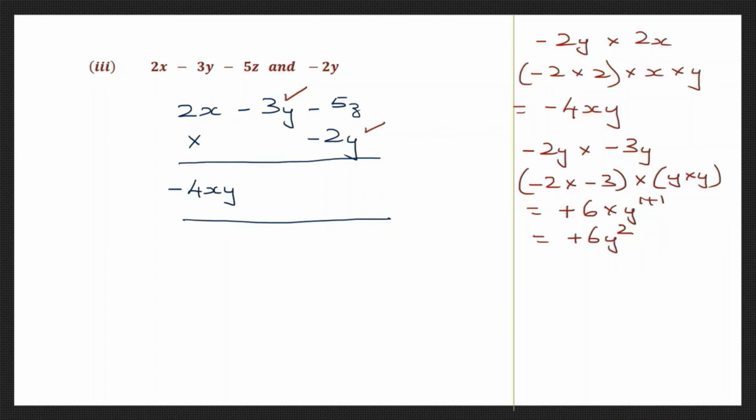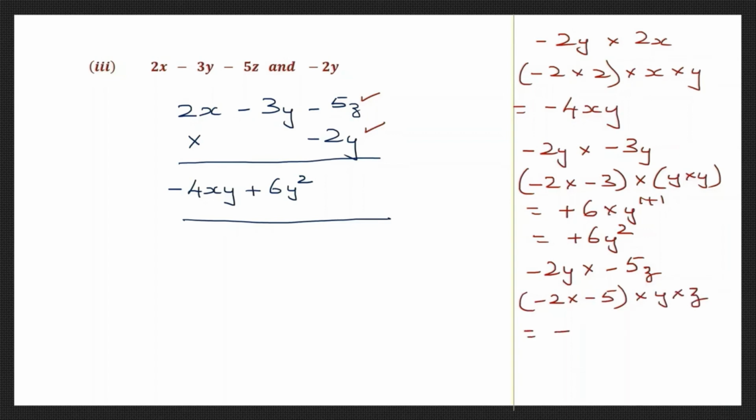So here we write plus 6y squared. So now we finish multiplying with 3y. Let's multiply with minus 5z. So minus 2y into minus 5z. So minus 2 into minus 5 into y into z. Minus into minus is plus, 2 fives are 10, yz. So here we get plus 10yz.